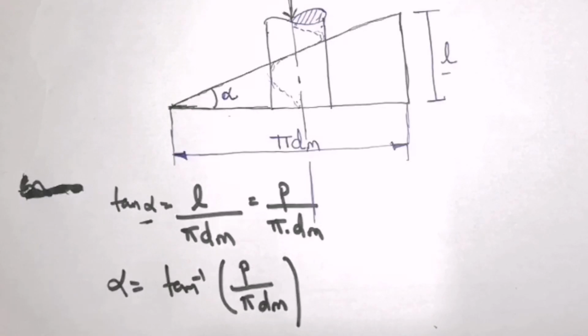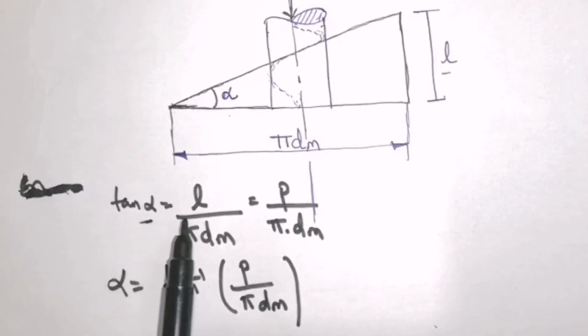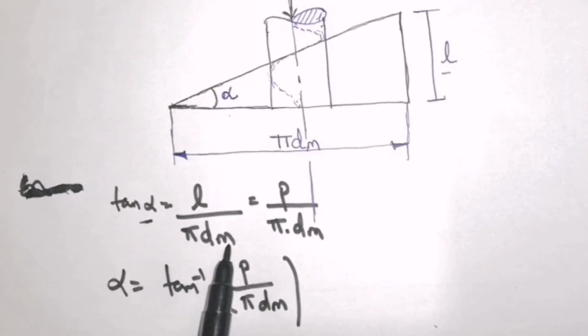Please note that this relation is valid only for a single threaded screw. For other than a single threaded screw, we will use the formula alpha is equal to tan inverse of L divided by pi dm, that is lead divided by circumference.